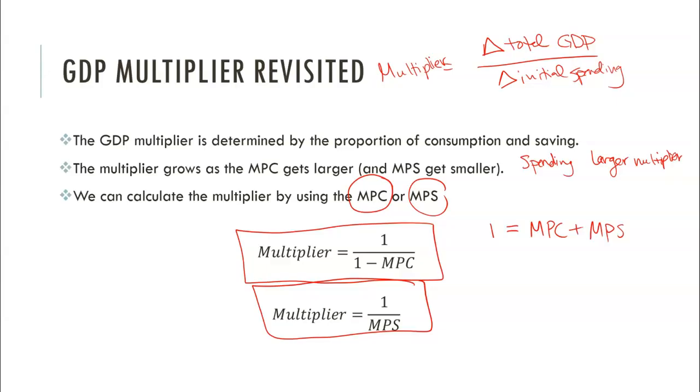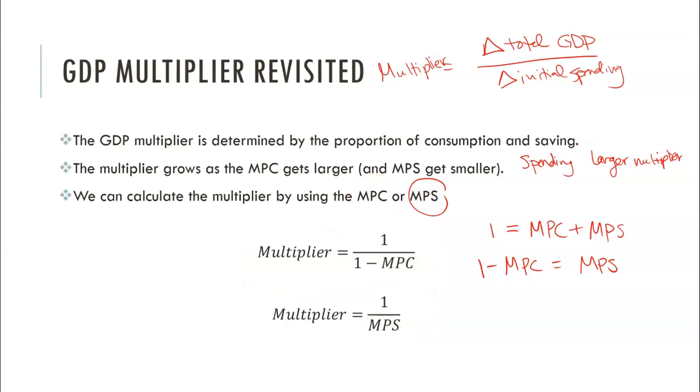If we subtract MPC from both sides, we get 1 minus MPC is equal to MPS. And so we can put either of those on the bottom of the equation, plug that in, and figure out what the size of our multiplier is.